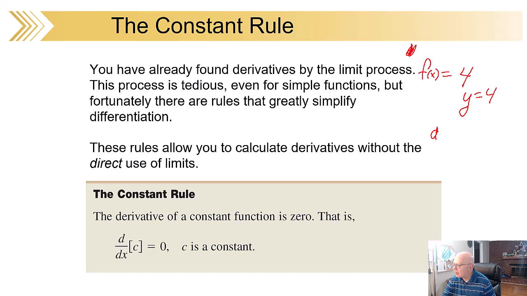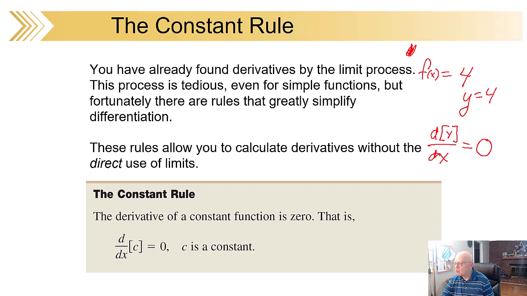And we're going to take the derivative of that function. So we're going to take the derivative of y with respect to x. And that dx on the bottom is not a big deal. We're going to expand on that later, but that will be in its own time. Now, the derivative of a constant function, and this means that the y values in this function are always 4s, is 0. Why is it 0?